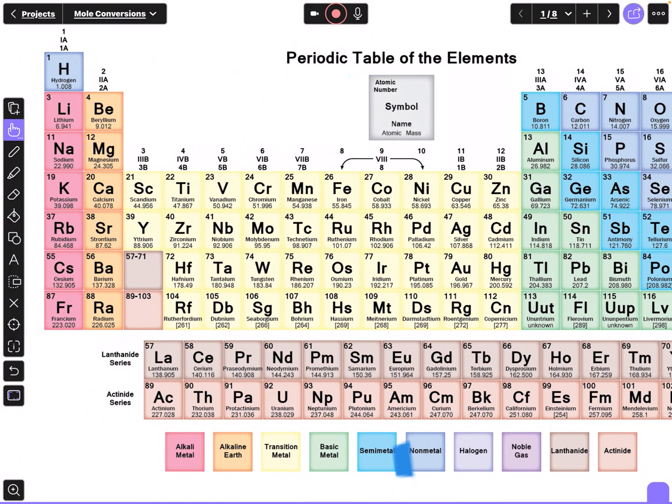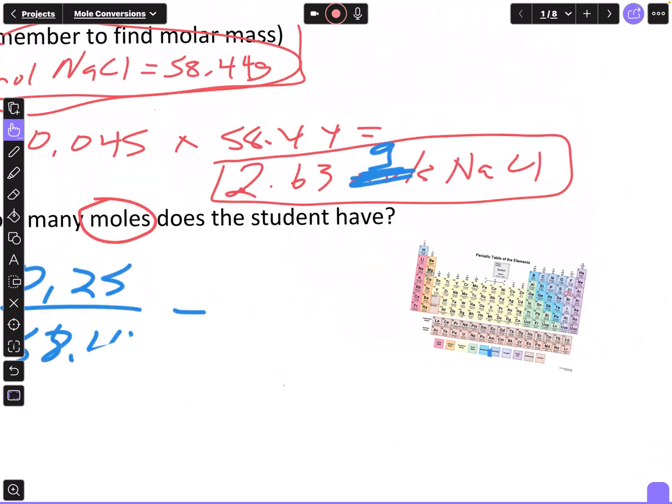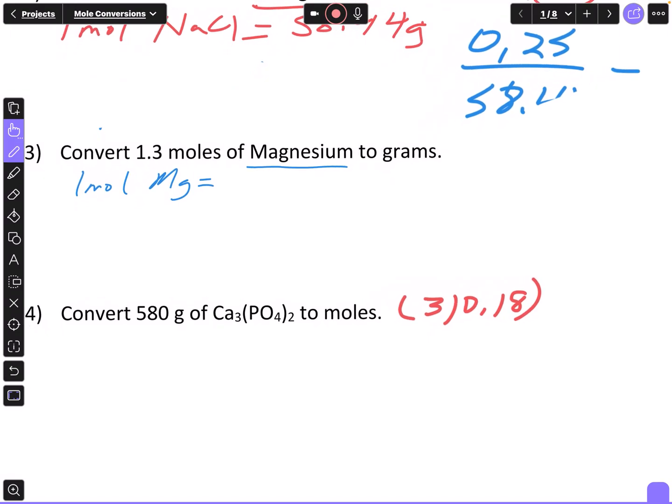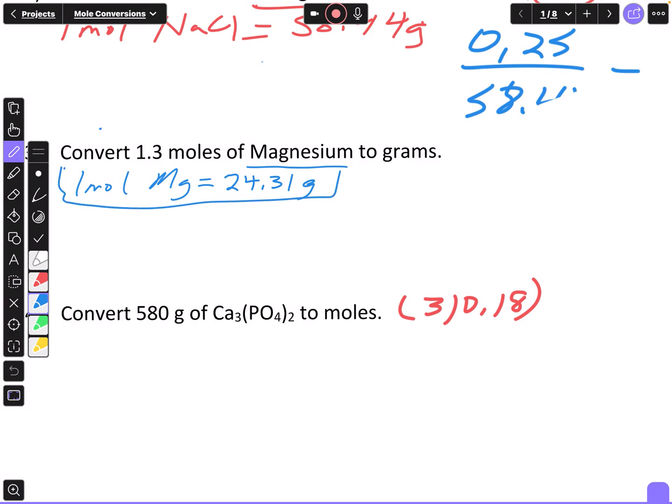If I look at magnesium, it is 24.31 grams. That's how much it weighs. That's my conversion factor that I'm going to use. Same thing as 1 foot equals 12 inches. It's a conversion factor that you have to know to be able to convert.